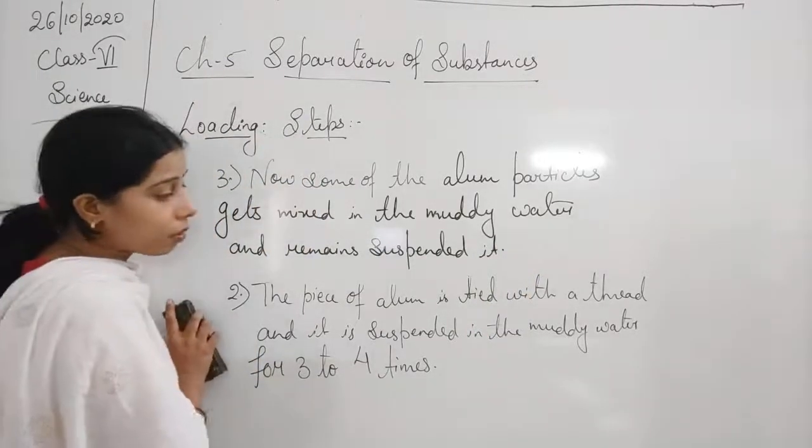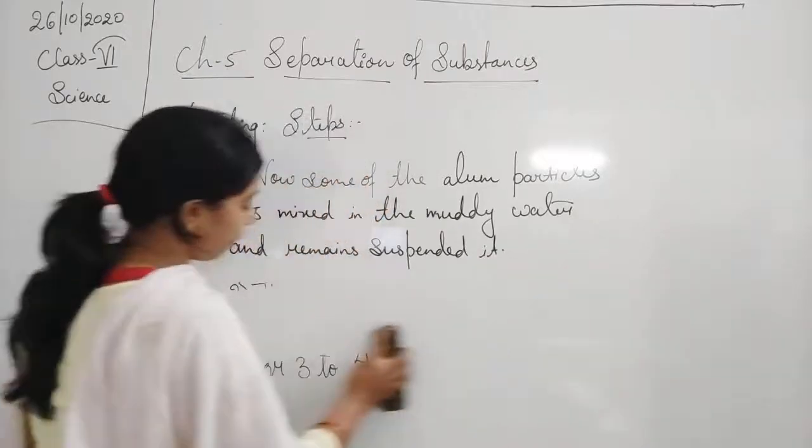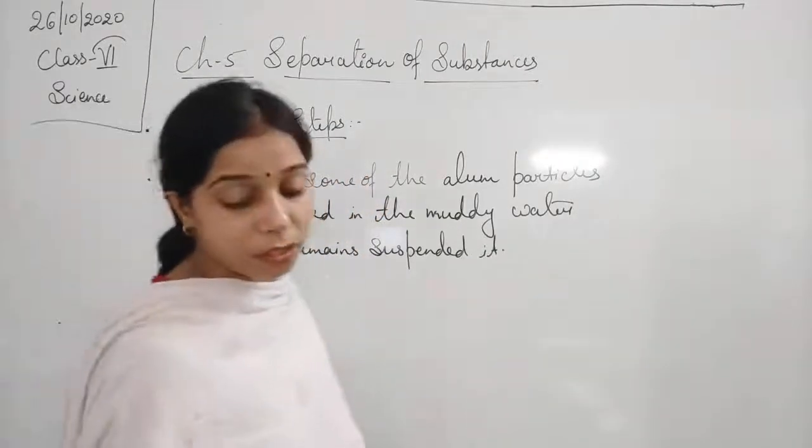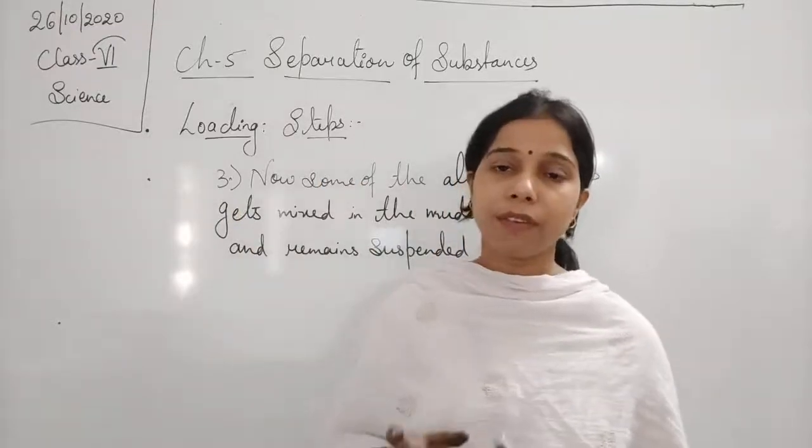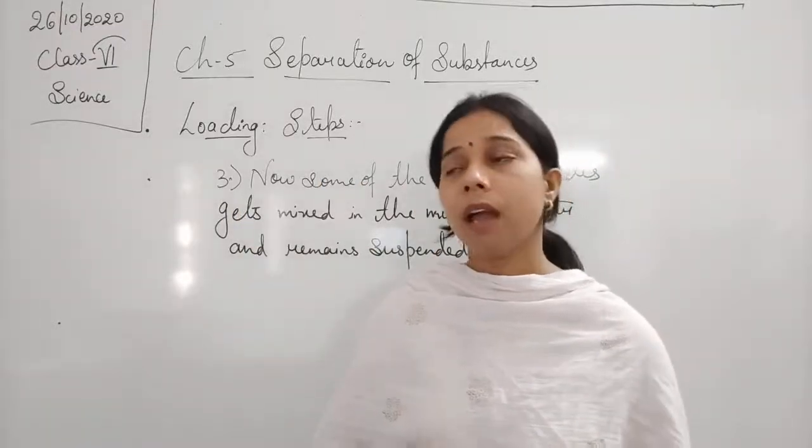So what we have done, students, is we have taken an alum, tied it with a thread, and then dipped it 3 to 4 times in the beaker where we had kept the muddy water.